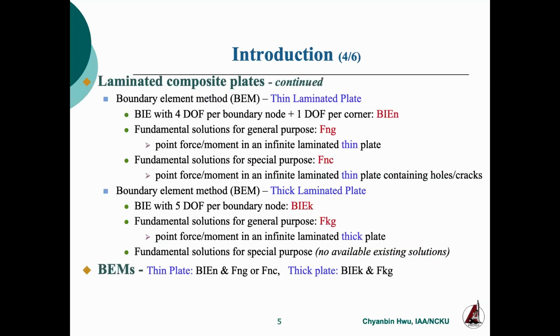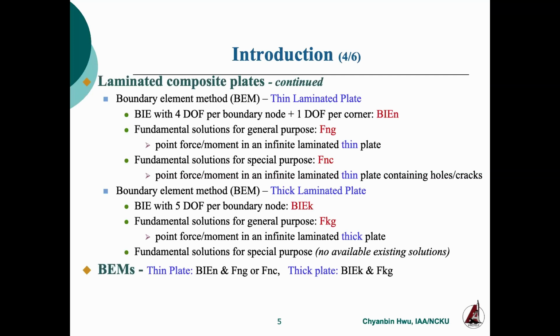Okay. And we already mentioned that for the thin plate, we have 4 degrees of freedom per boundary node and 1 per corner. And we may consider 2 different kinds of fundamental solution, one of them the special one for the crack problem.